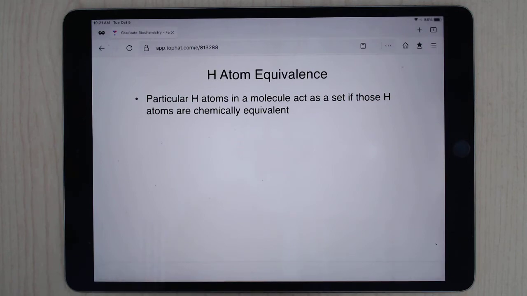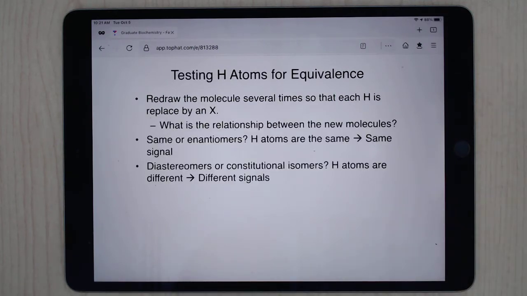So what you can do is redraw the molecule where I'm going to replace one of the hydrogens with an X. Now, how do I compare two versions of the molecule?